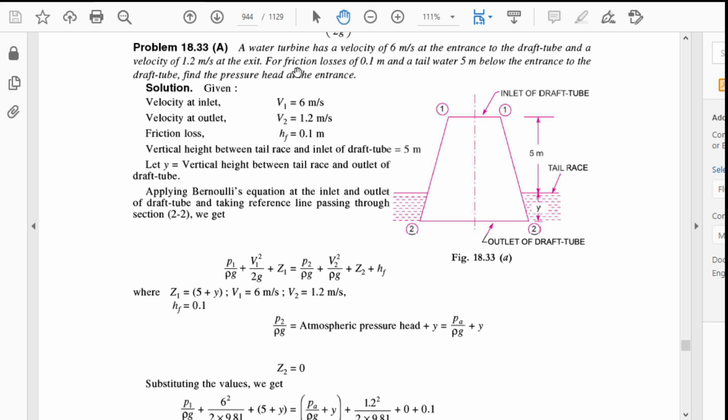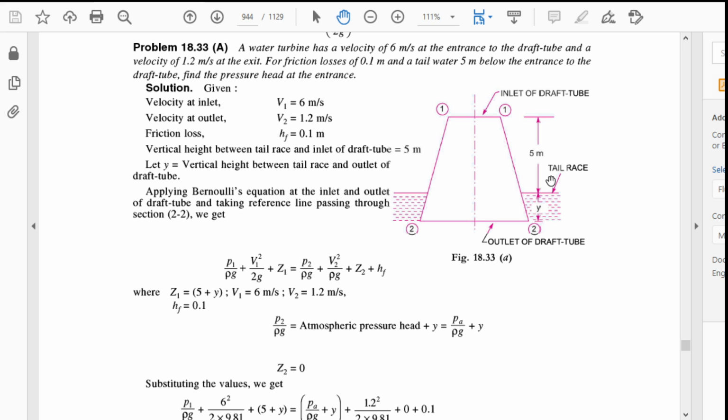Okay. Now they have given frictional losses of 0.1 meters, so hf will be 0.1 meters. They have mentioned that the tail water is 5 meters below the entrance to the draft tube, that means the vertical height Hs is 5 meters.